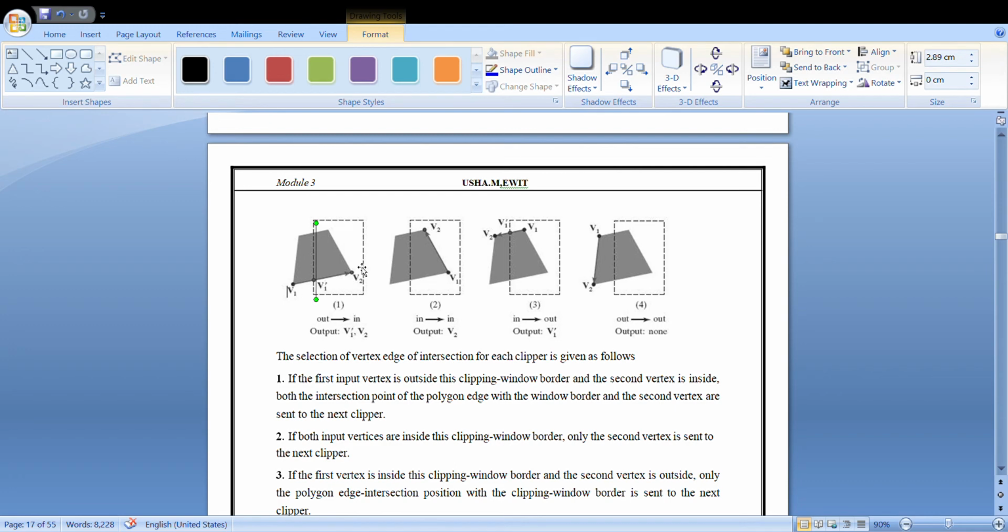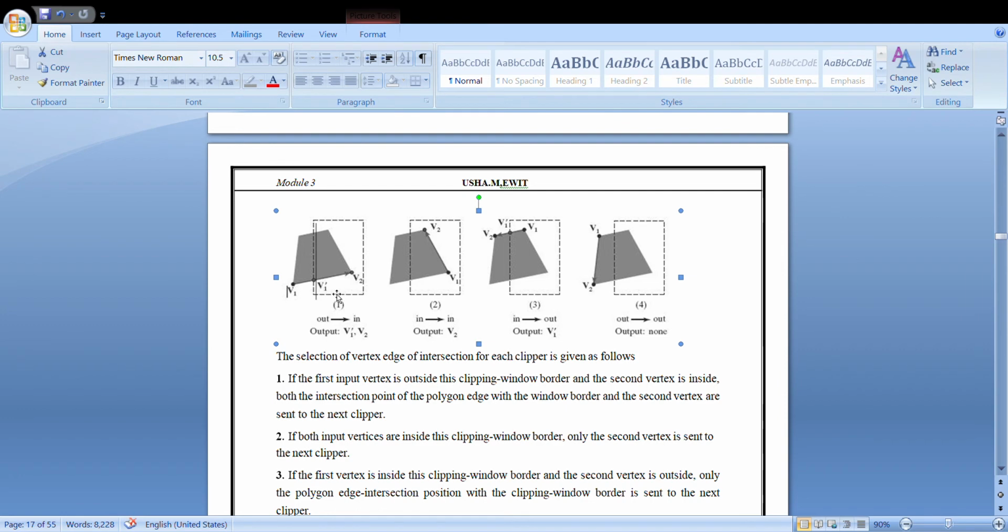So when I consider this line with respect to this left clipper, I can say that V1 is outside, so this should be clipped. So now I locate this V dash from here, I shift this V dash to this point here, and I call this V dash of 1. This was with respect to one clipper here, that is just the left clipper.